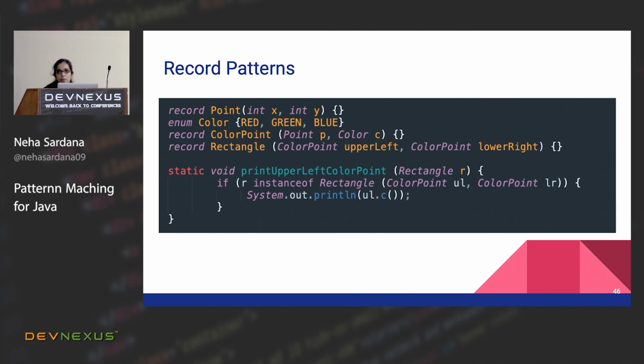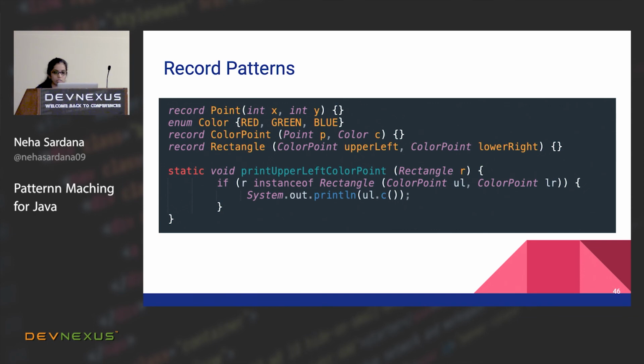The next step is going to be about record patterns. Record patterns are sometimes also known as deconstruction patterns. Here you can see I have a record Point, an enum Color, a record ColorPoint, and a record Rectangle. And I want to print the upper left color point. So I'm deconstructing Rectangle in the if statement.